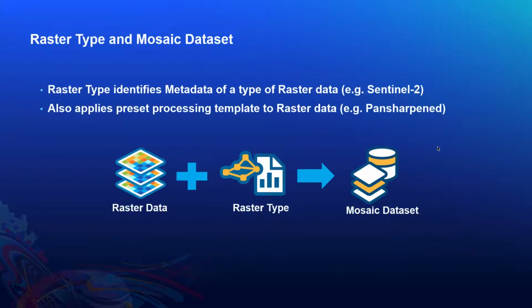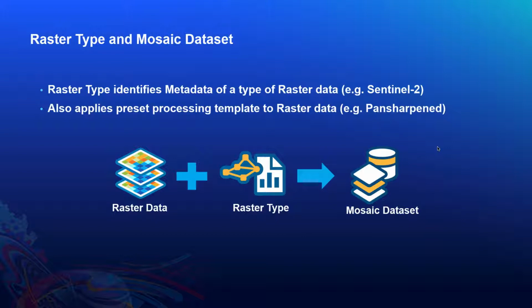And for those of you who are new to Mosaic dataset, when you're using Mosaic dataset to manage your raster data and to add information about the raster dataset into the Mosaic dataset table, you need to use the appropriate, what we call, raster type.